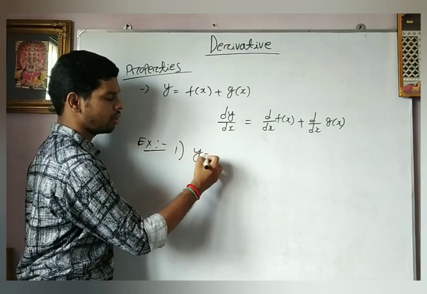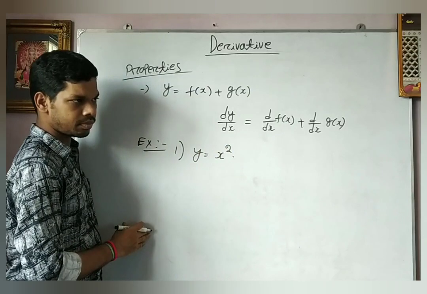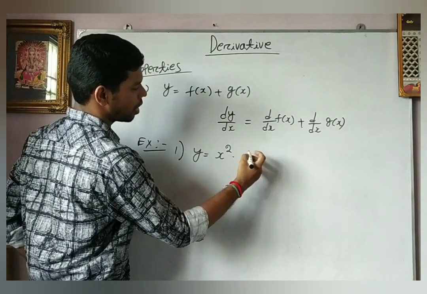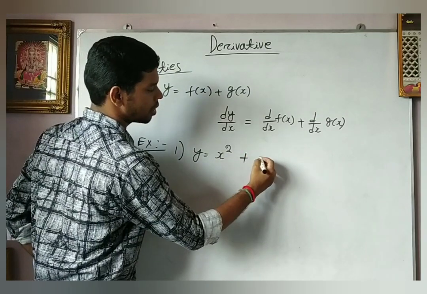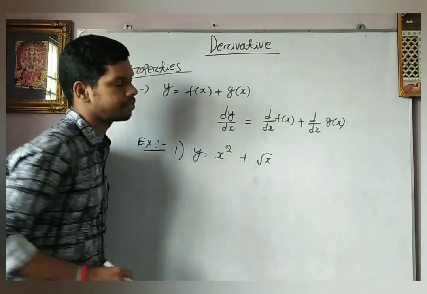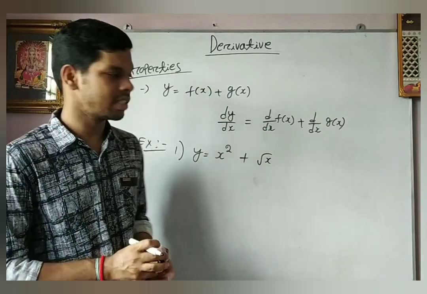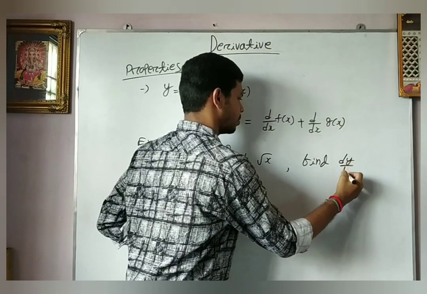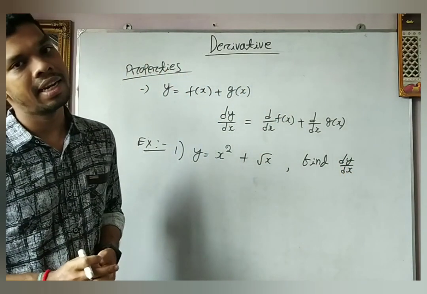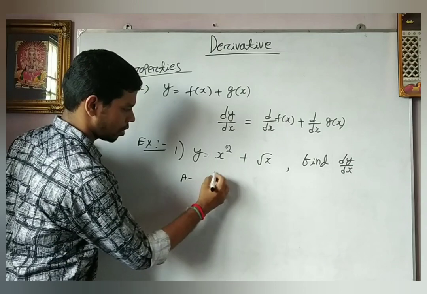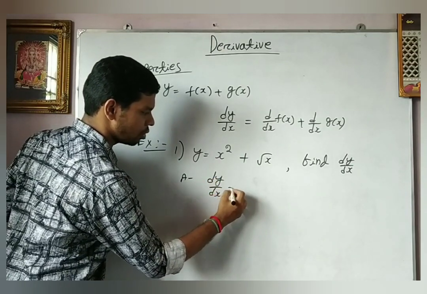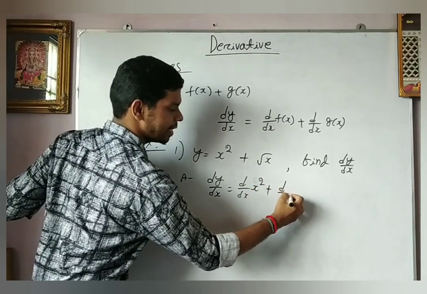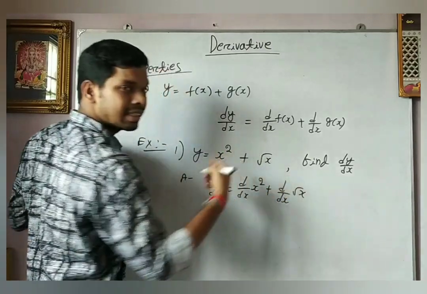First example, y equal to x square plus root x, and we have to find dy by dx. dy by dx equal to d by dx of first function plus d by dx of second function.